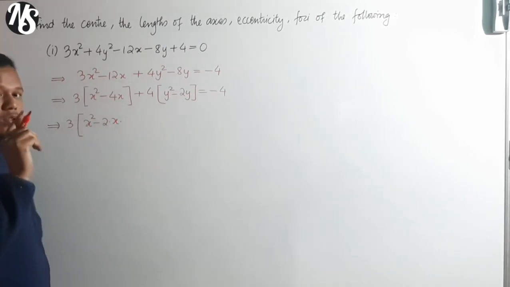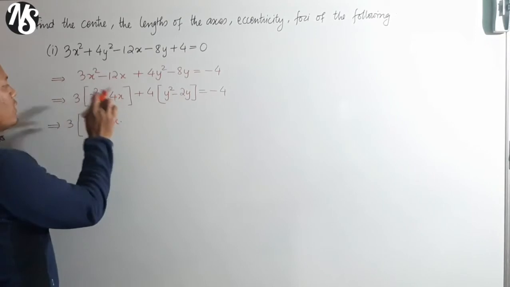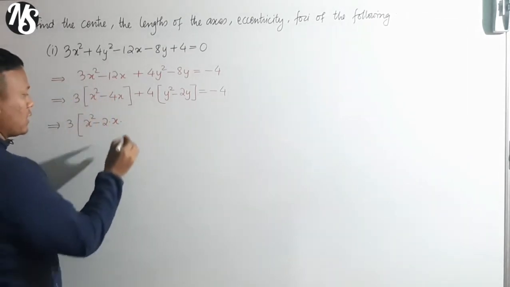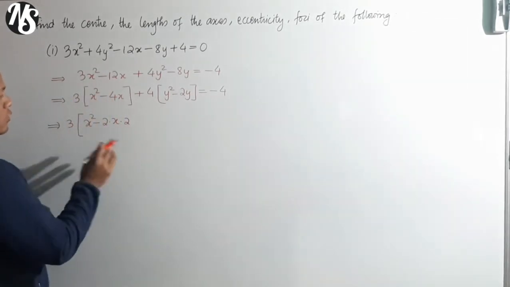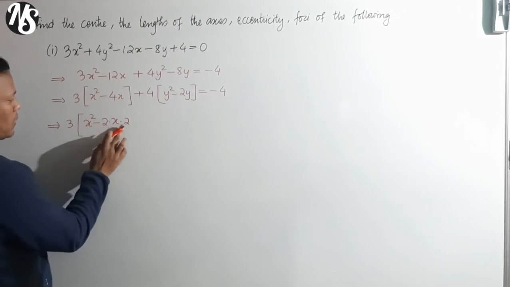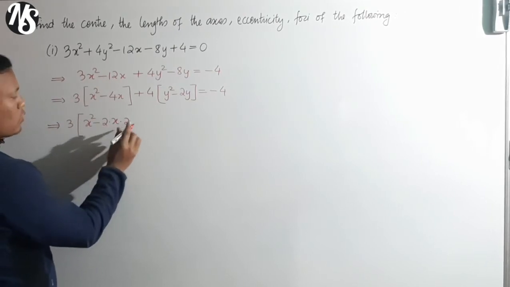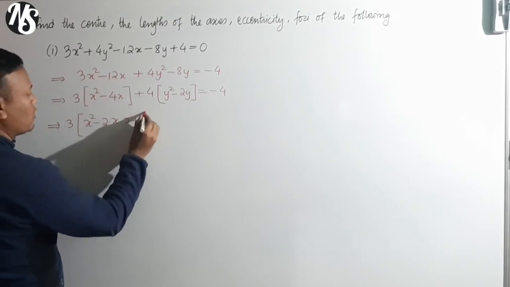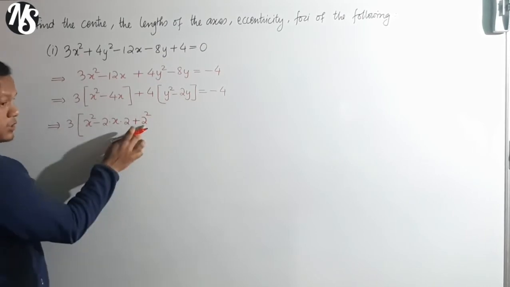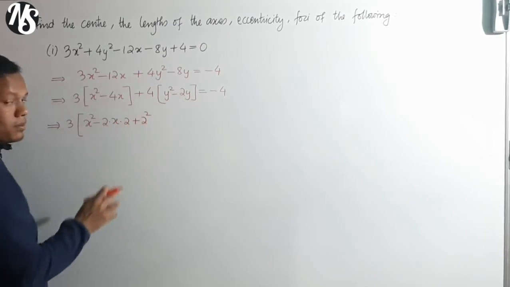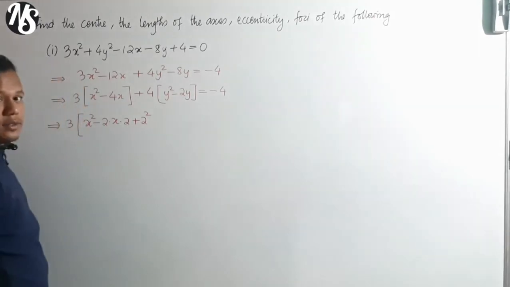Now we need to choose b in such a way that we get 4x. Obviously that number will be 2. So this is a square minus 2ab. So 2 is my b, so that's why I have to write b square as 2 square. This is extra, this has to be compensated in the right hand side.